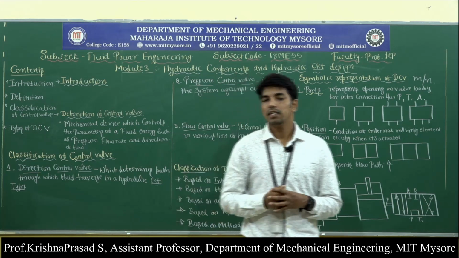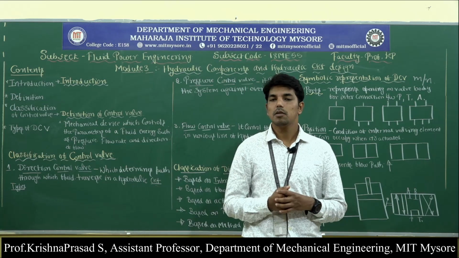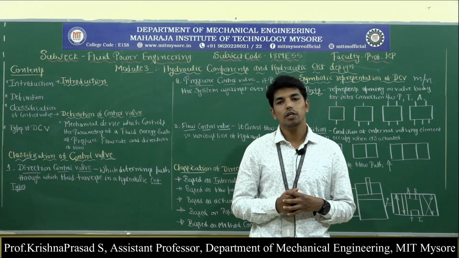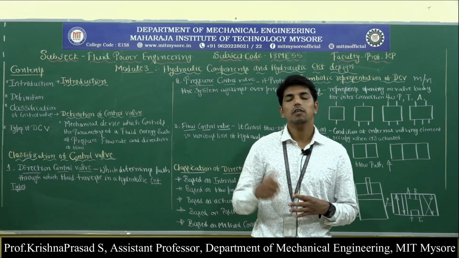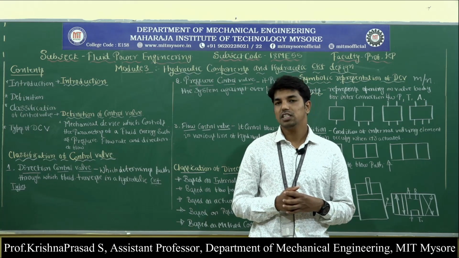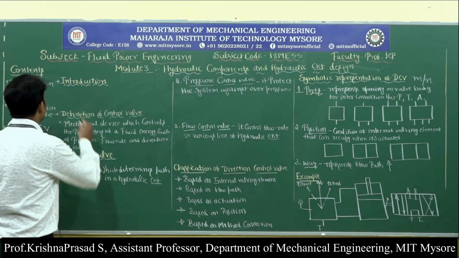The selection of control devices also depends upon the control parameters of the hydraulic fluid that we use to energize the actuator. What are the parameters of the hydraulic oil that can be used for energizing the actuator? That is very important, and it mainly depends upon three parameters.